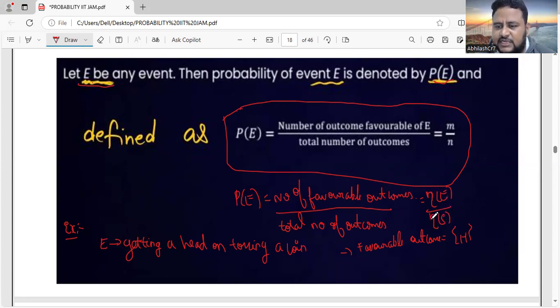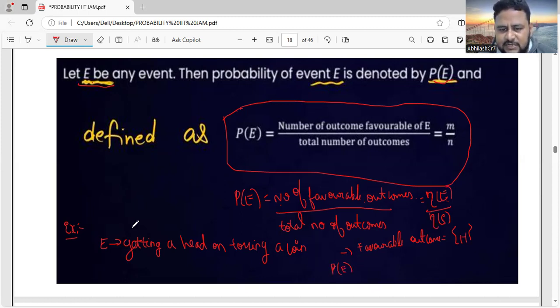That is, the number of favorable outcomes of the event divided by the total number of outcomes, which is the set of all possible outcomes, equal to the sample space.